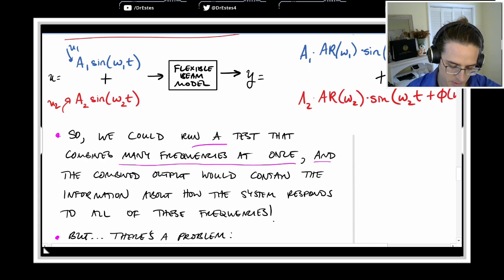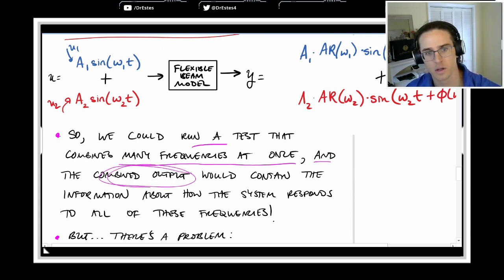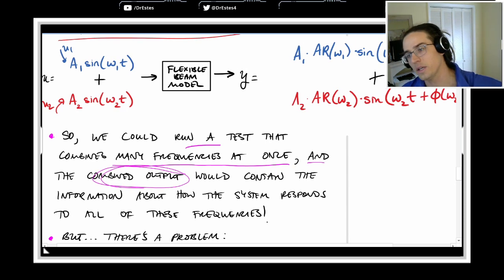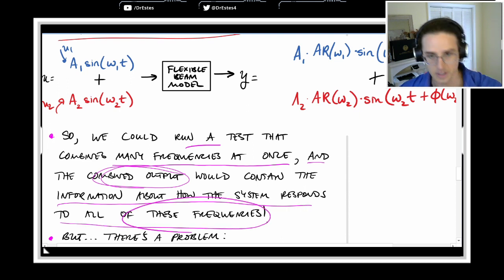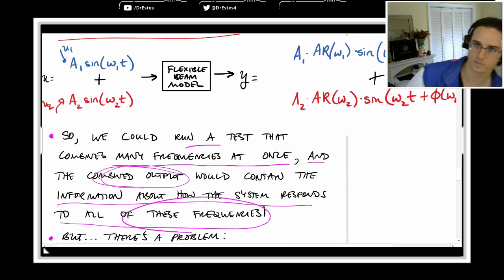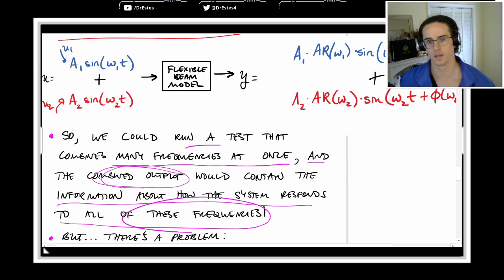The output is going to be a combination of all of the individual outputs that would have resulted from each piece of each input. So you're going to get this output that's super rich in information, because this output is going to contain information about how the system responds to all of these different frequencies.